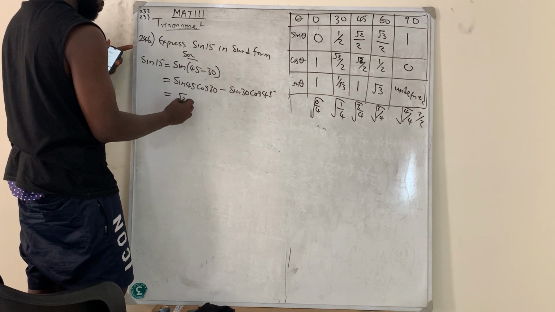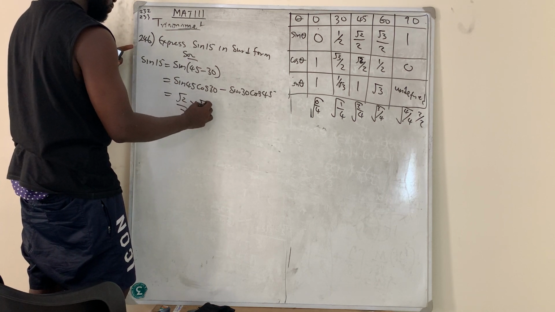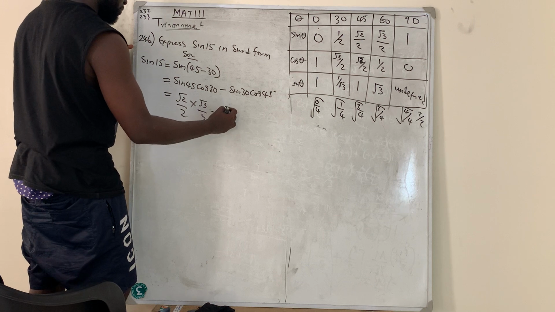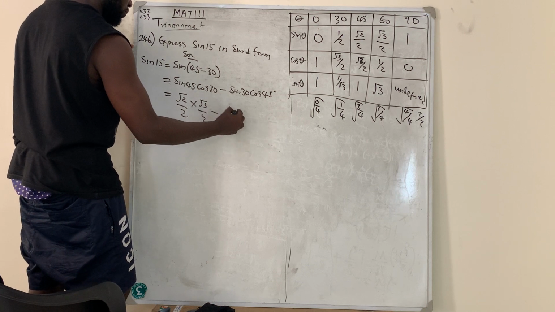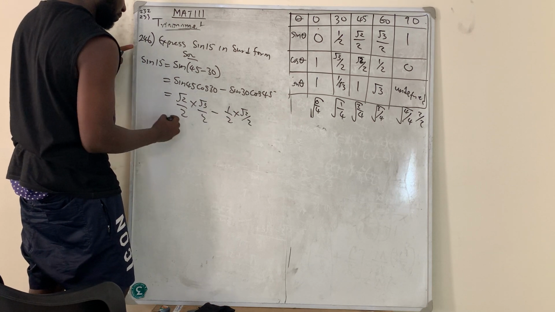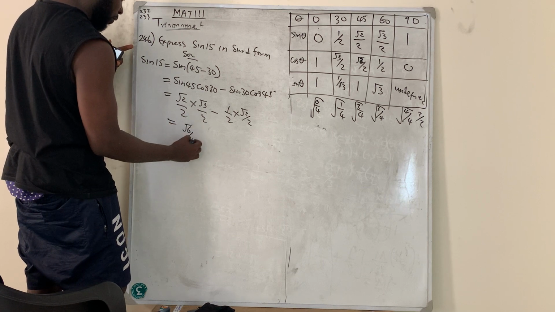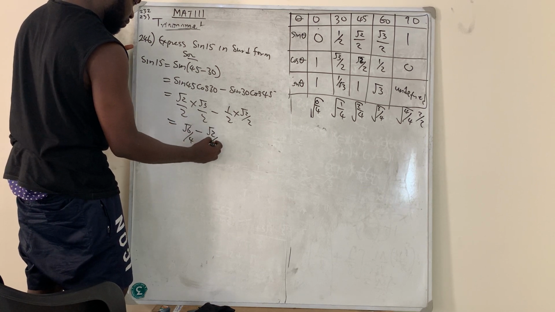That is root 2 over 2 times root 3 over 2 minus 1 over 2 times root 2 over 2. So I'm left with root 6 over 4 minus root 2 over 4.